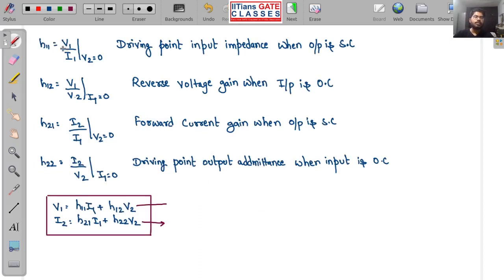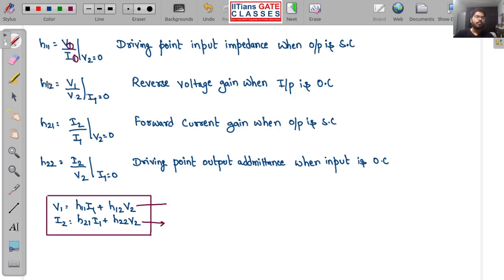So H11 is V1 by I1 when V2 is equal to 0. So this is the driving point input impedance when the output is short circuit. This is also conditional, and as it is the ratio of V and I, it will be impedance obviously.